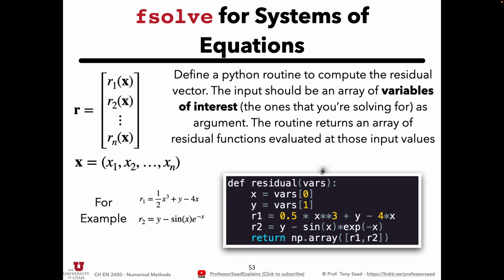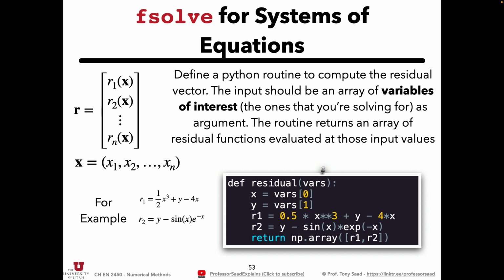In this case, x and y. And they're going to be stored in whatever order you choose. So you can choose x to be var 0 and y to be var 1, or vice versa. But just be consistent, and then the system will figure that out as it works through the solution process. But once you choose an order, stick with that order.